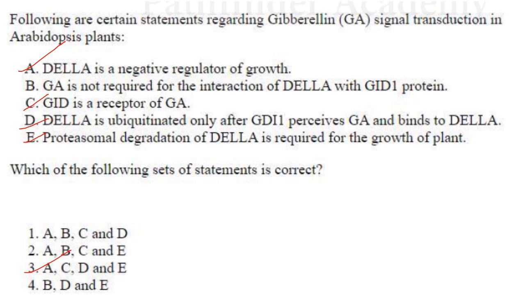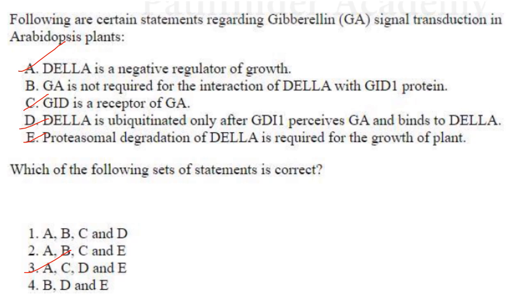Now we will see what the statements are. DELLA is a negative regulator of growth. That is correct. GA is not required for interaction of DELLA with GID1. It is required. Only after this GA GID1 DELLA complex forms, DELLA will be ubiquitinated and degraded. So B is not correct.